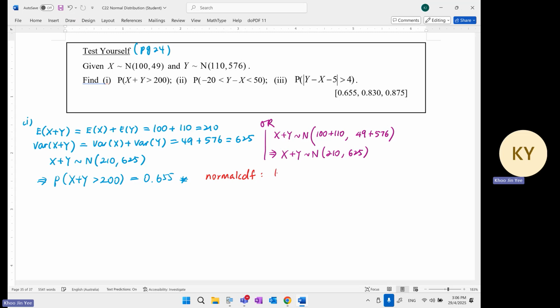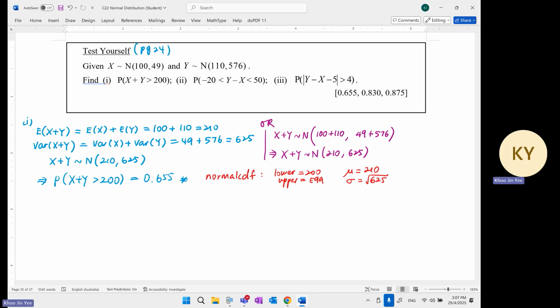Your lower is 200. Your upper is E99. For the mean, you put 210. For the standard deviation, be extremely careful: square root of 625. Super careful.